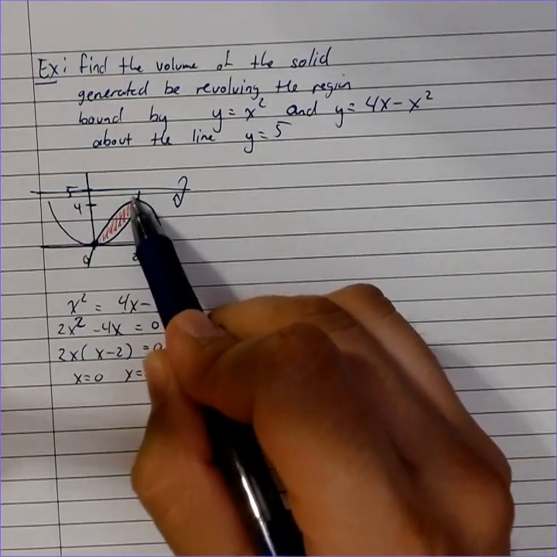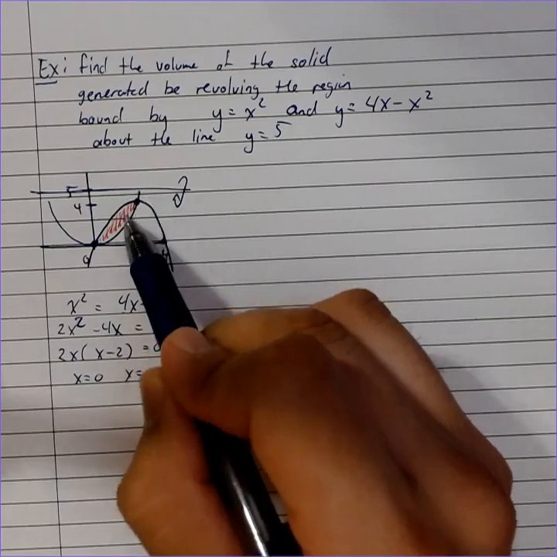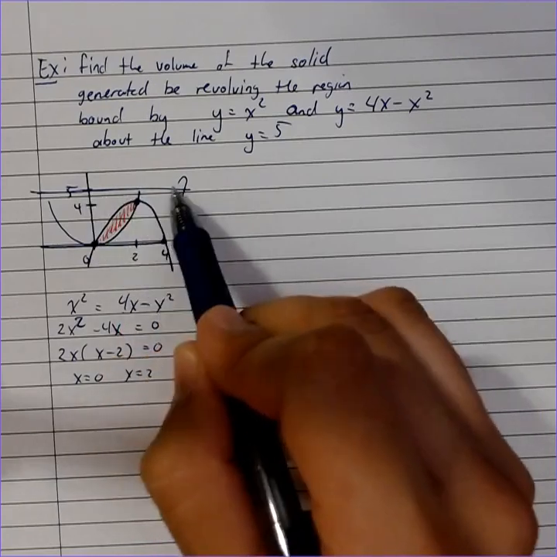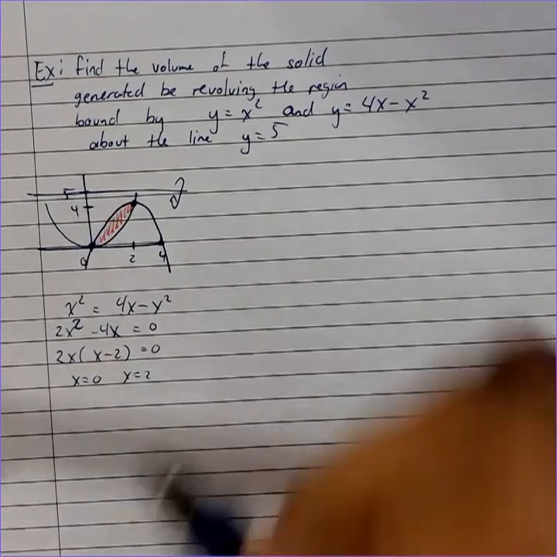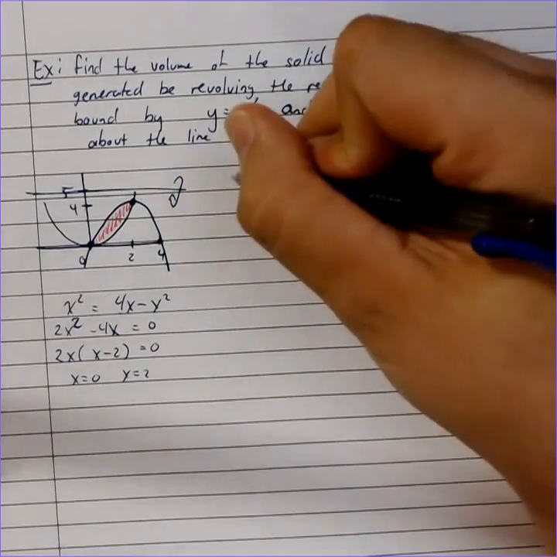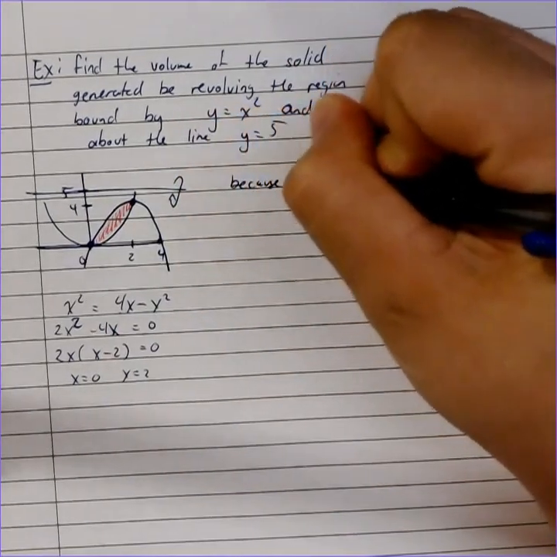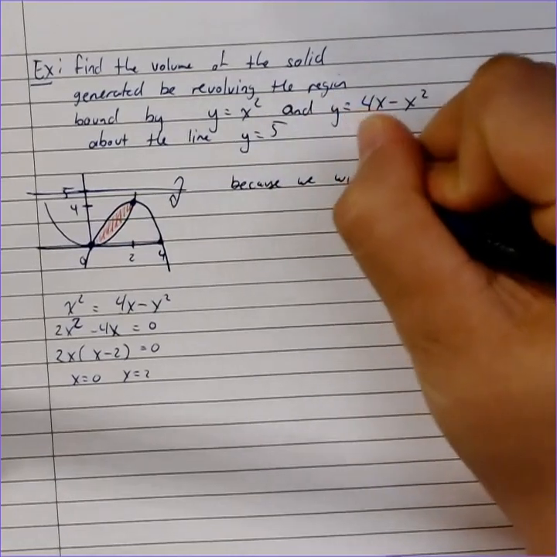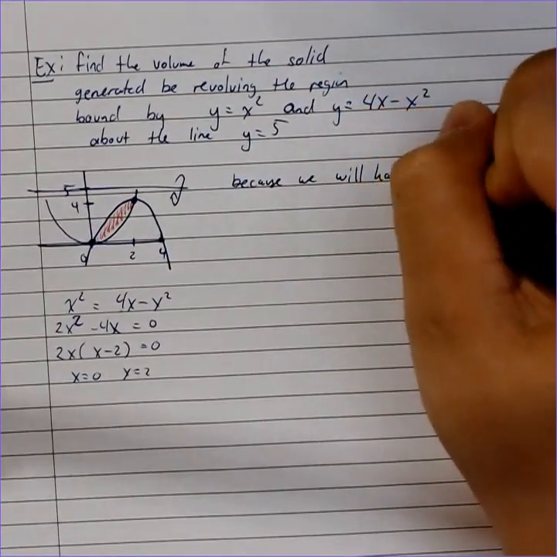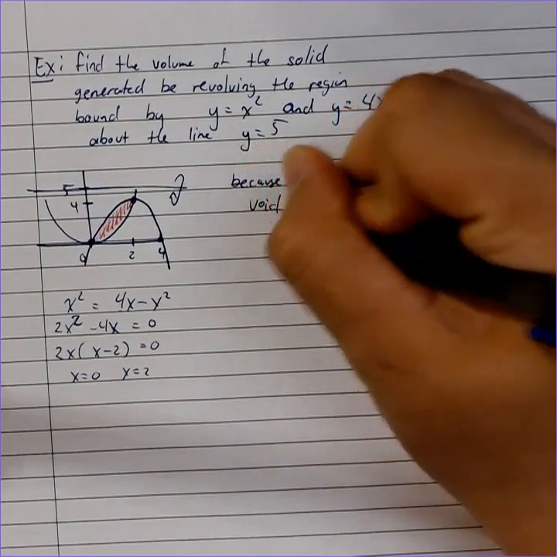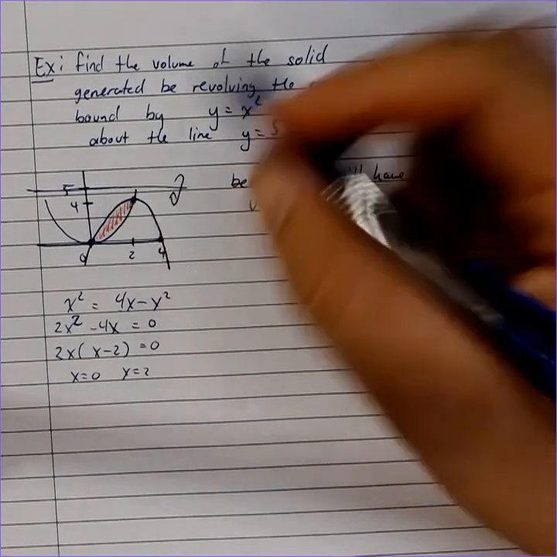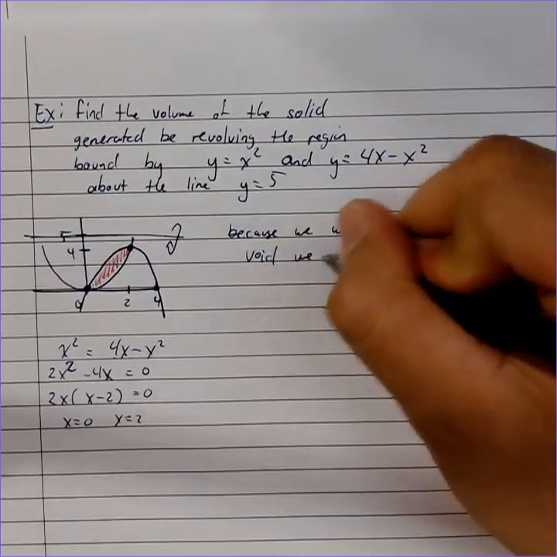If there's any space between your region and your axis of rotation, you have to use the washer method. So because we will have a void, a space, a gap, an empty region of space, whatever you want to call it, we use the washer method.